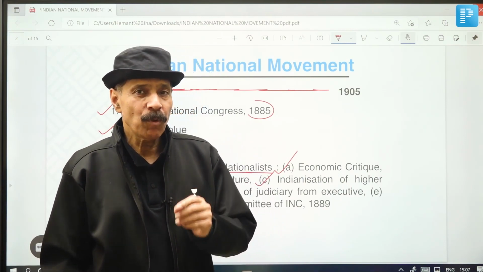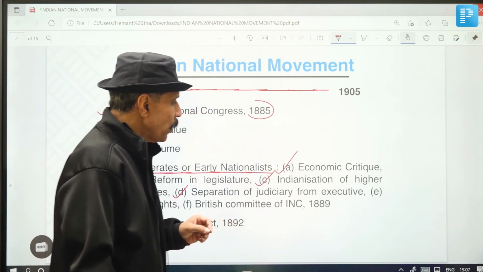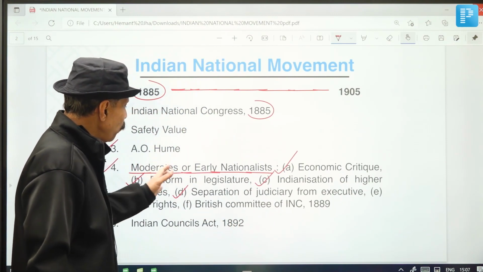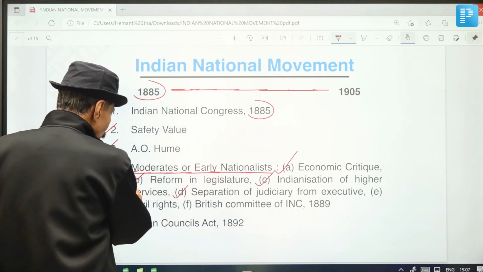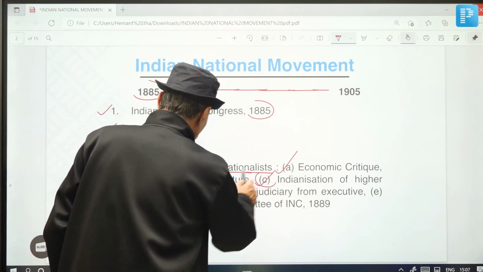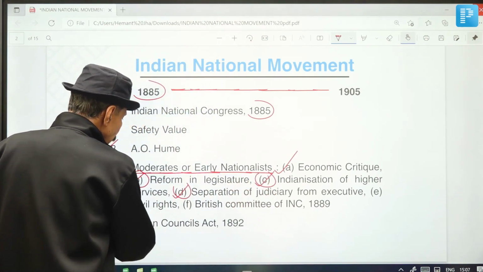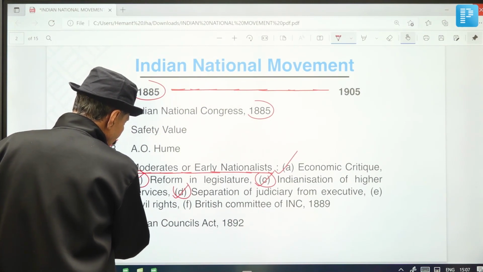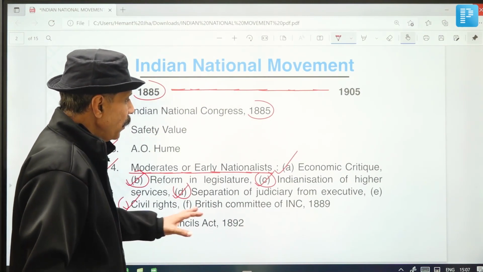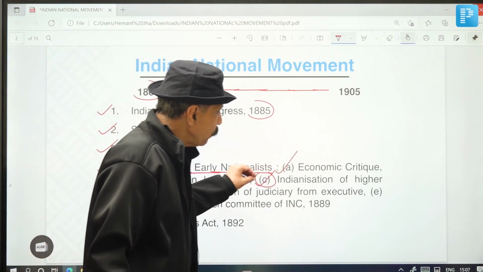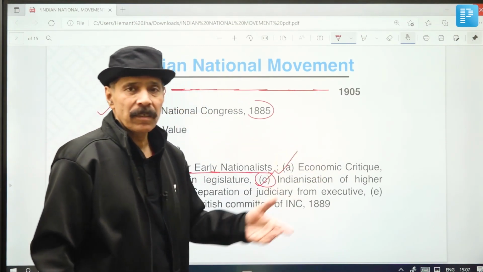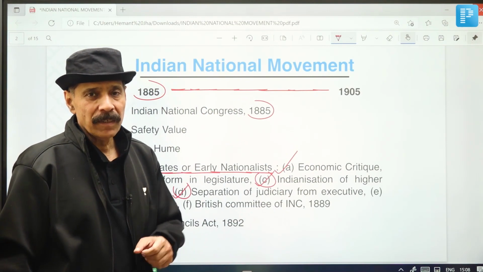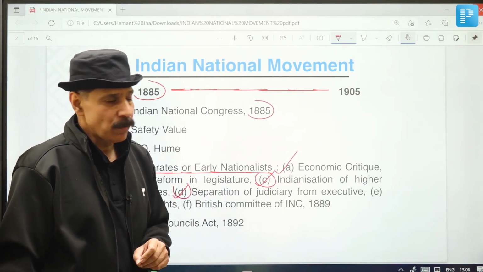So the important point is what demands were presented by the moderates or the early nationalists. So the answer is B, C, D, and E, that is civil rights. And the economic critique is associated with whom? The answer is the early nationalists. And what is the economic critique? This also you should know, and some important names associated.